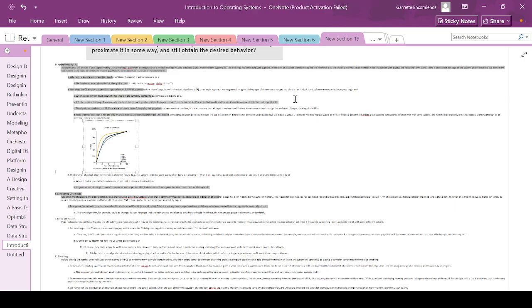There comes the clock algorithm. A clock hand points to some particular page to begin with. When a replacement must occur, the OS checks if the currently pointed-to page P has a use bit of 1 or 0.